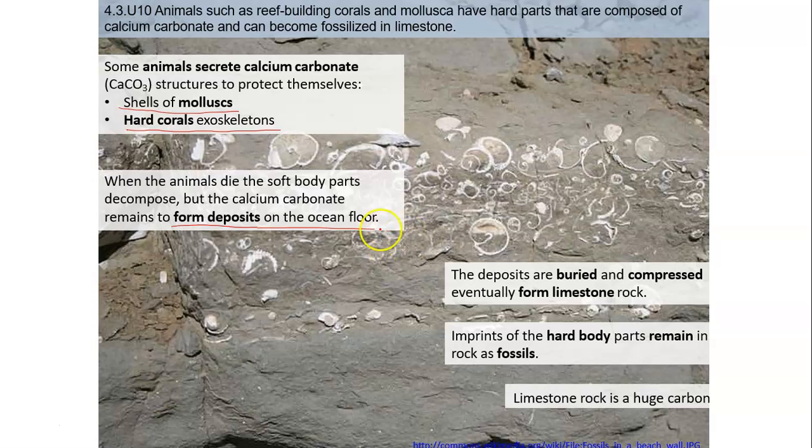The deposits are buried and compressed eventually, forming limestone rock, and imprints of the hard body parts remain in the rock as fossils. And limestone rock is a huge carbon reservoir.